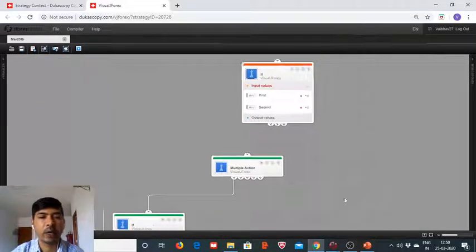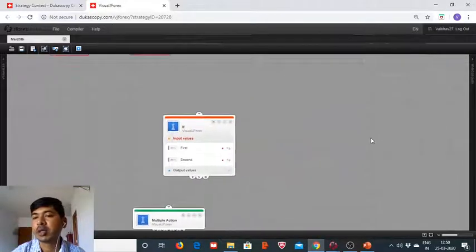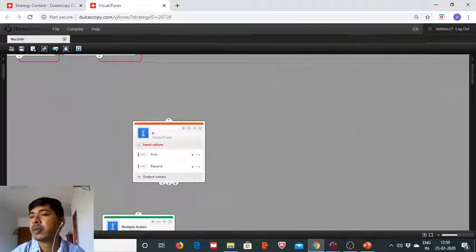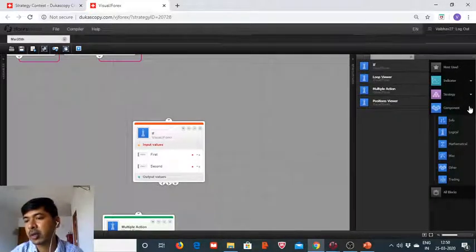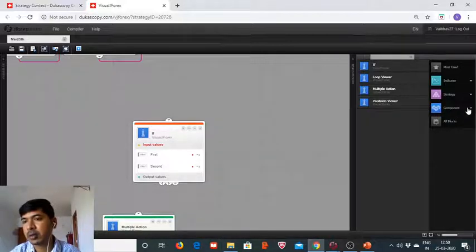For that we are going to need the calculation expressions, and for that let us bring in the calculation expressions. Components, mathematical.